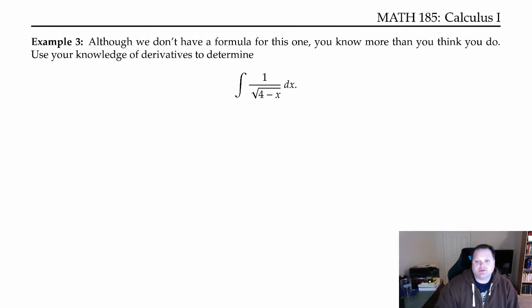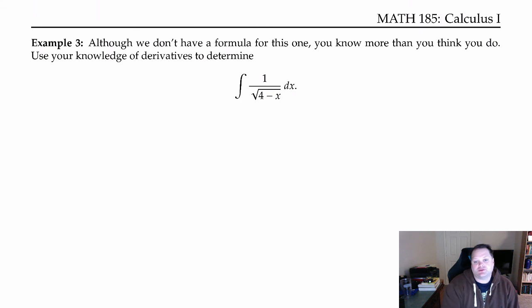All right, so let's try this one. This one's a little tricky. We know we've got 1 over square root of something. So we know that the derivative of the square root function is 1 over 2 square root x, right? So we're kind of looking the same. If I wanted to get rid of the 2, all I'd have to do is multiply both sides by 2. So that's looking good.